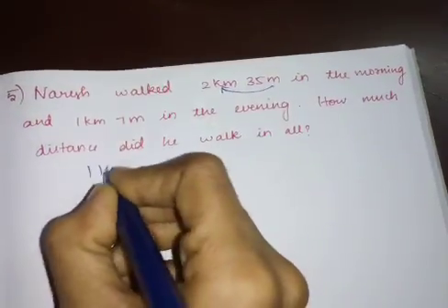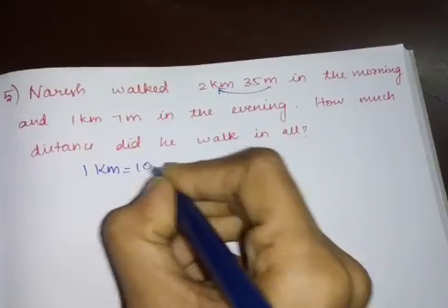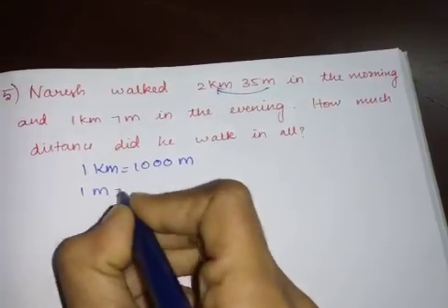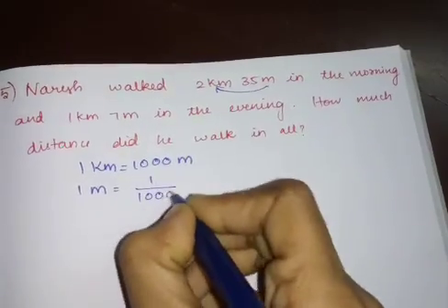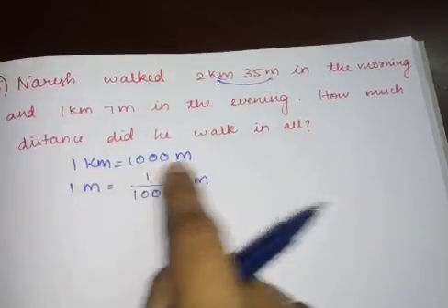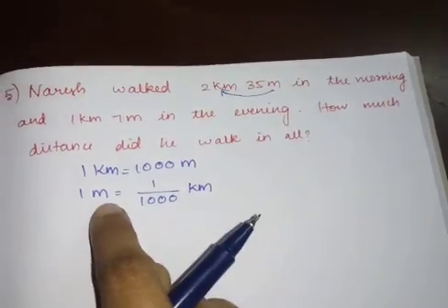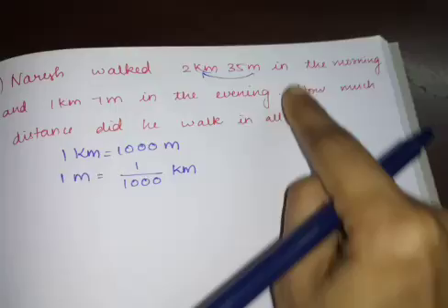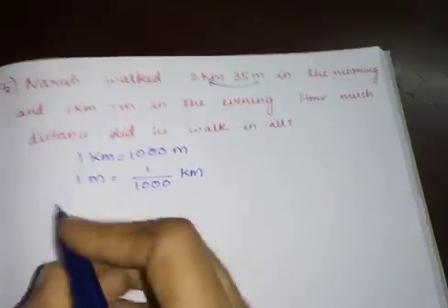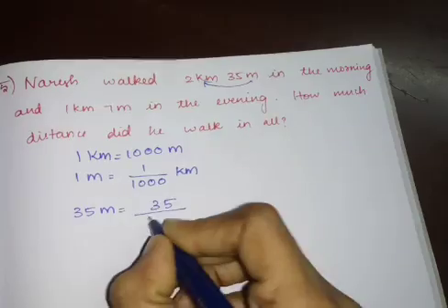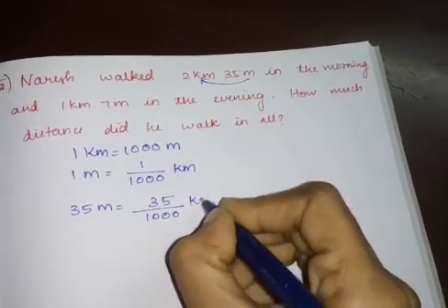So 1 kilometer is equal to 1000 meter. So 1 meter is equal to 1 divided by 1000 kilometer. How many meters are there here, children? 35 meter. So 35 divided by 1000 kilometer.